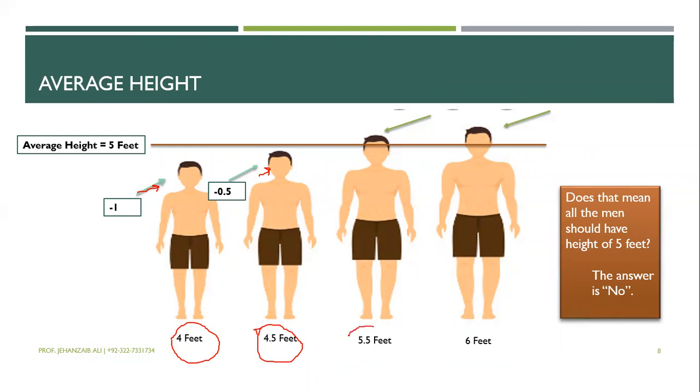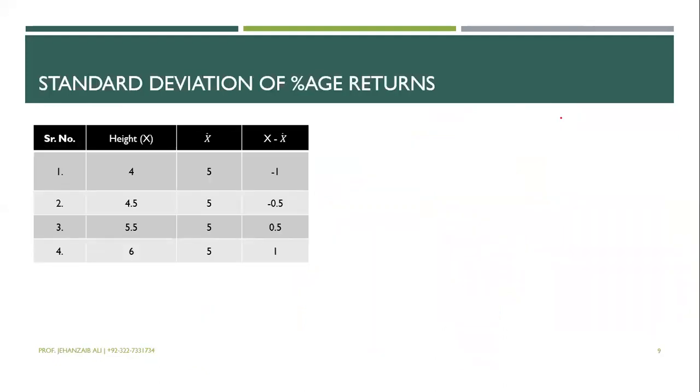And the third individual having the height of 5.5 feet is having more height than the average height by 0.5 foot. And the last individual has height more than the average height by 1 foot. That's why the positive signs have been assigned to them. So this has been written in this table.